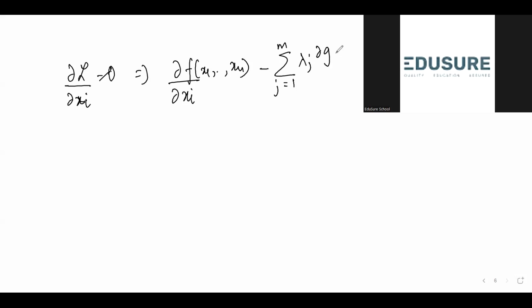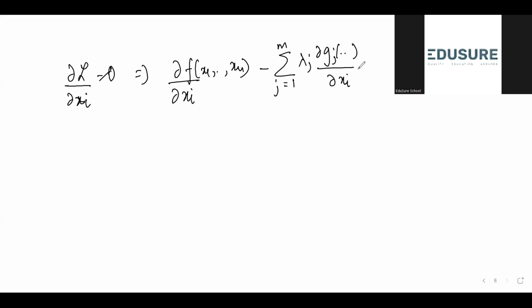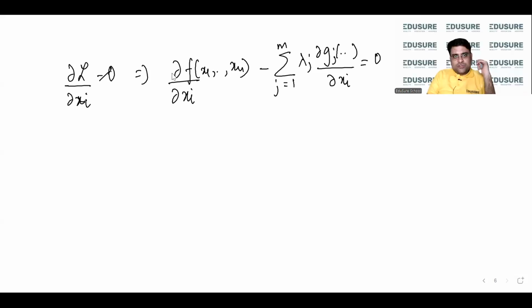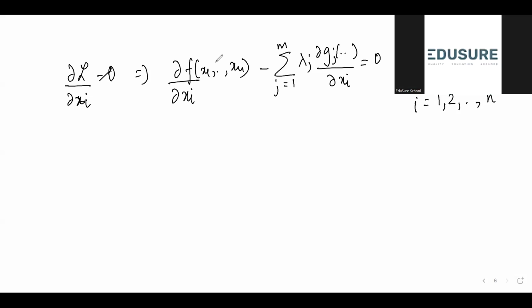Del gj having the arguments x1 to xn del xi, this part is equal to 0. So this is how each of the constraints will look like. ये तो this is a generalized del L del xi, i is equal to 1 up to n. ठीक है. So n first order conditions आपको मिलेंगे.